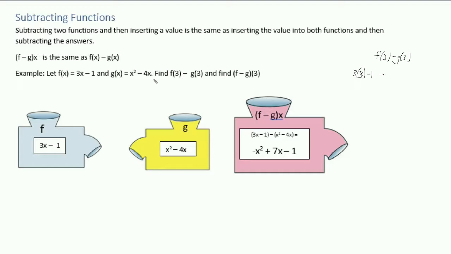So putting 3 in for g. I'm going to put parentheses here because we're going to subtract this whole value. And this is going to be 3 squared minus 4 times 3. So we have 9 minus 1 is 8, minus 9 minus 12 is negative 3. So this is 8 minus negative 3, which is 11.